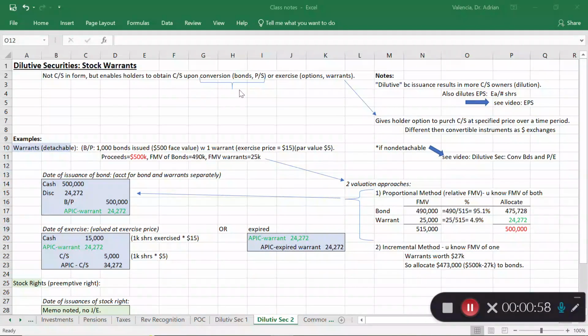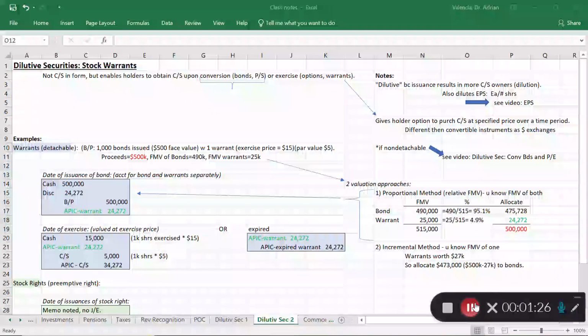Two things that I'm discussing in this particular video are warrants and stock rights. Those are the ones where you exercise the option to buy stock. At the end of the day, it doesn't matter what we call these, whether you convert or exercise.